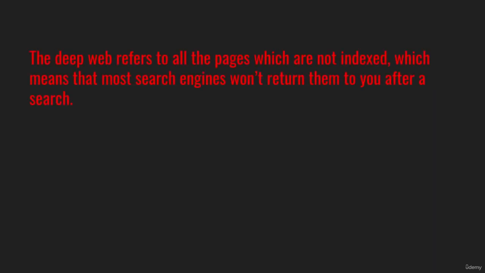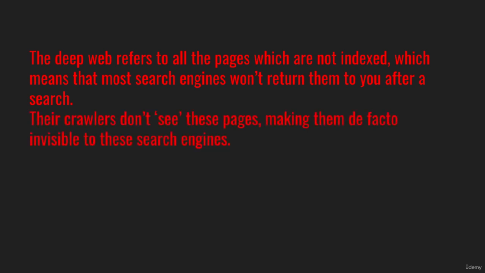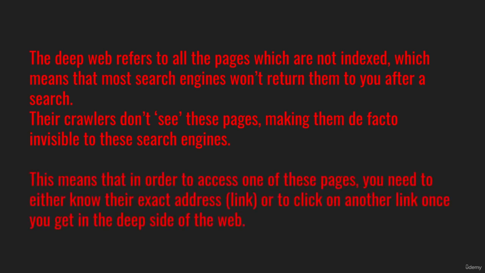The deep web refers to all pages which are not indexed, which means that most search engines will not return them to you after a search. Their crawlers do not see these pages, making them de facto invisible to these search engines. To access one of these pages, you need to either know their exact address or link, or click on another link once you get into the deep side of the web.